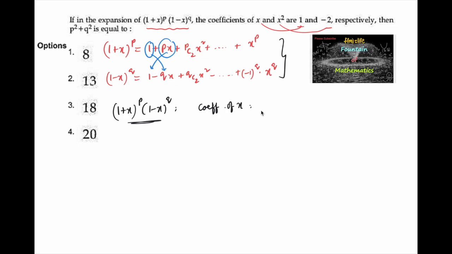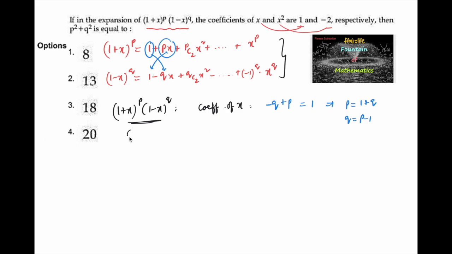So we get 1 into negative q, which is minus q, and p into plus 1, which is plus p, and the given coefficient is 1. That is p is equal to 1 plus q, or we can write q is equal to p minus 1.